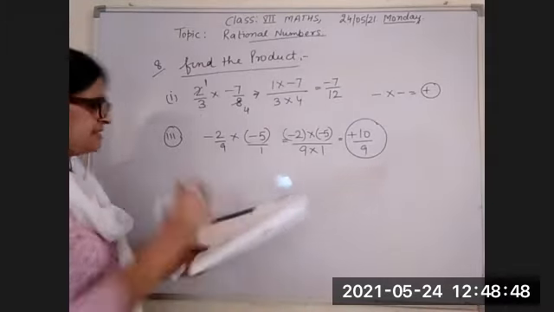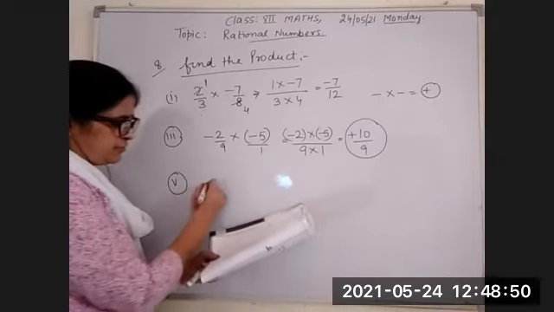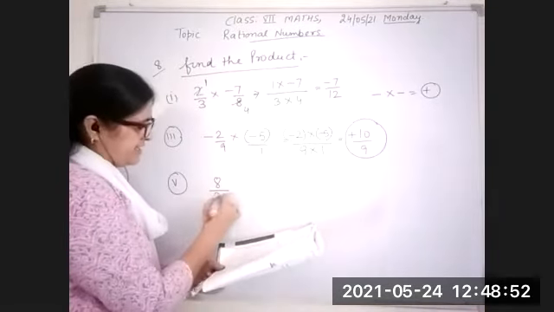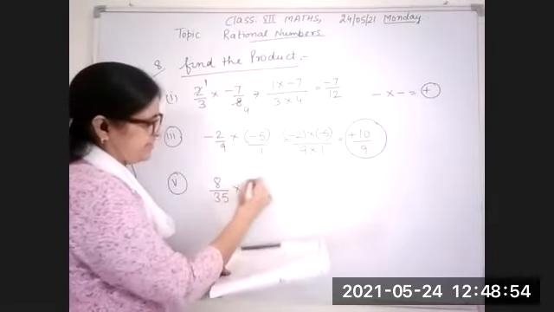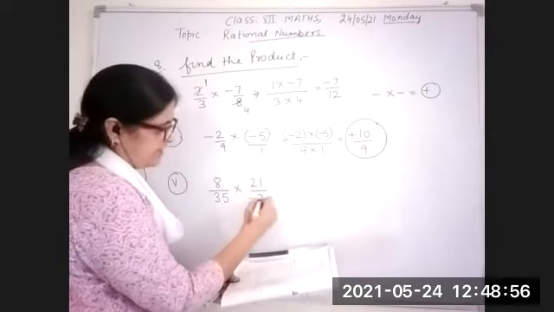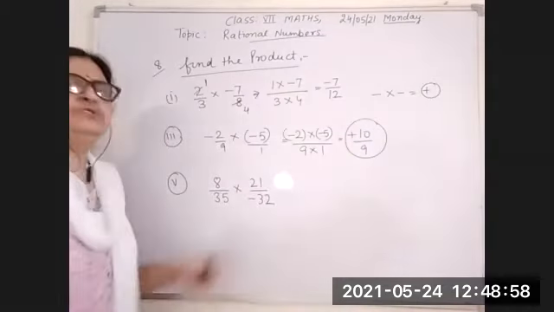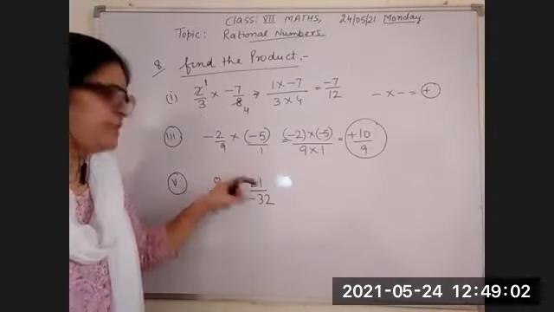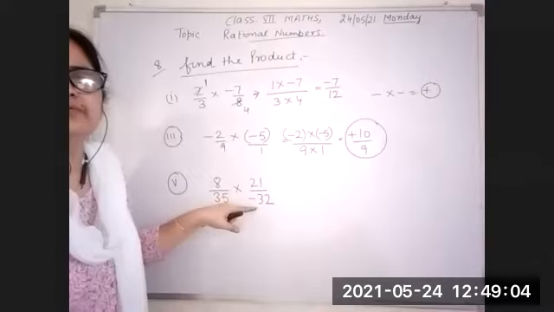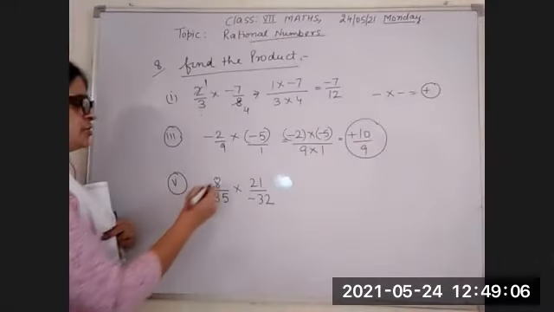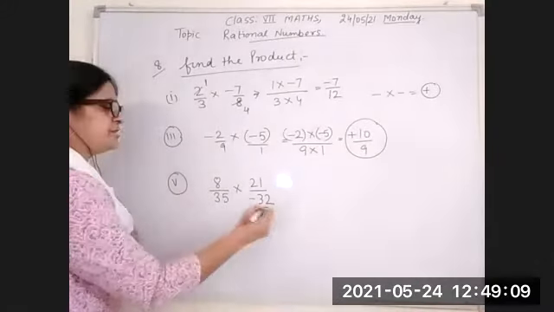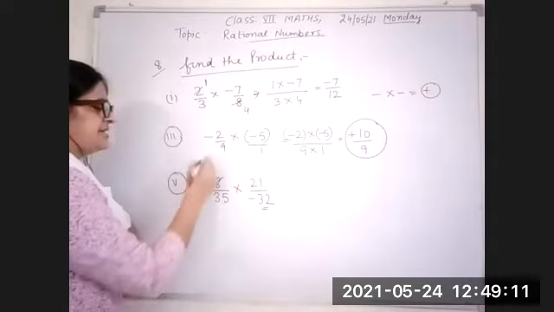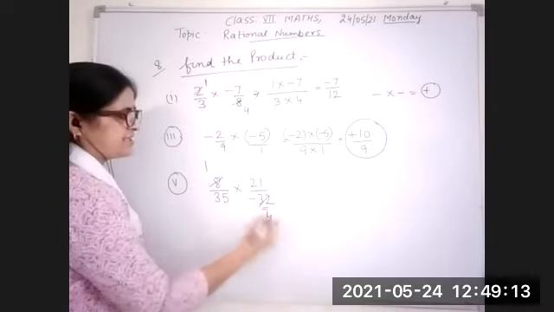One more question I am doing, the fifth part. The fourth you will do yourself. 8 upon 35 into 21 upon minus 32. You see in the cross which numbers are cancelled, and in the upper and lower part which numbers are cancelled. 32 is divisible by 8. 8 1 ja 8, 8 4 ja 32.